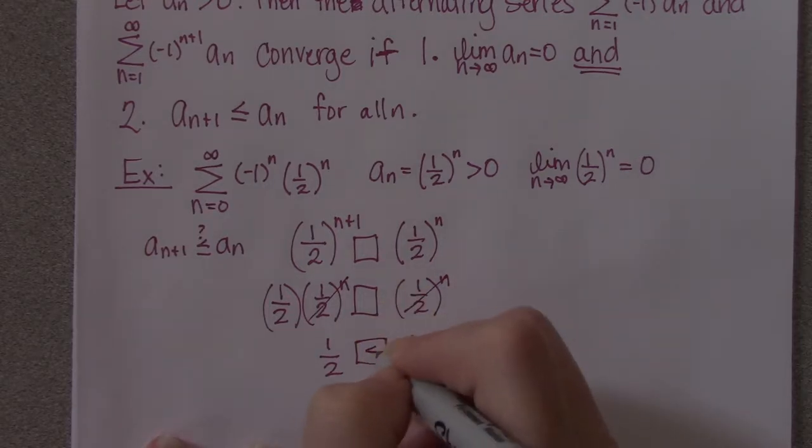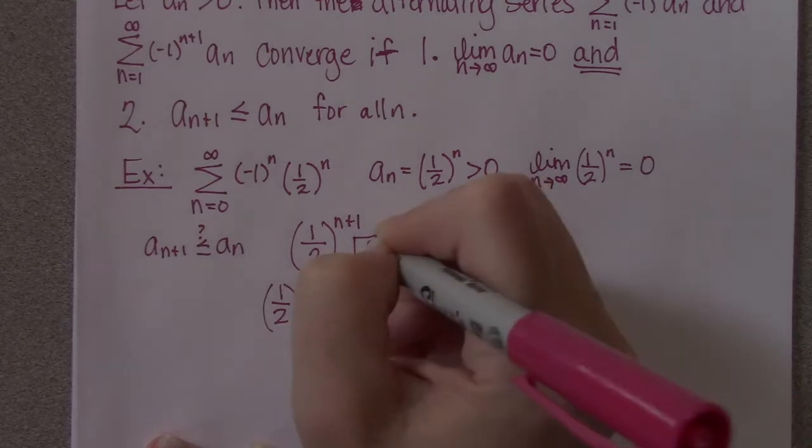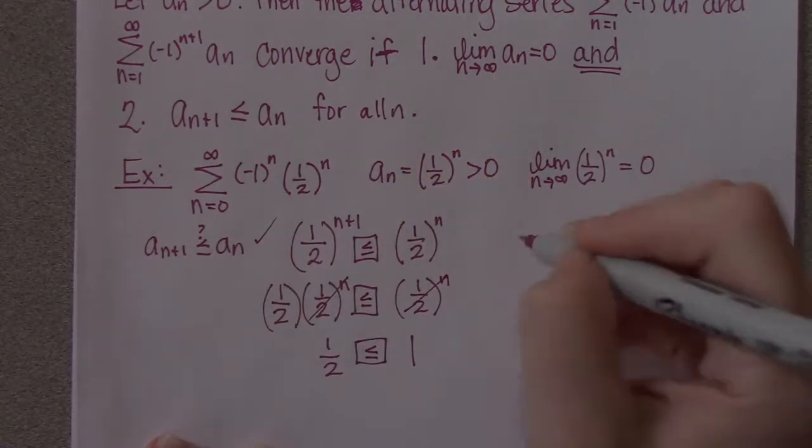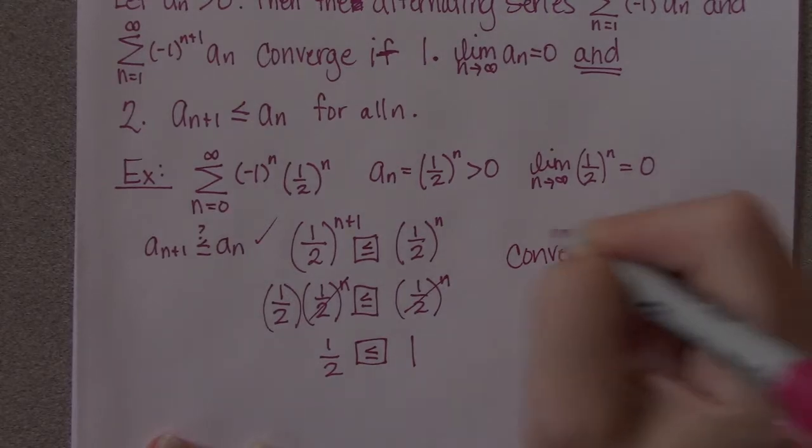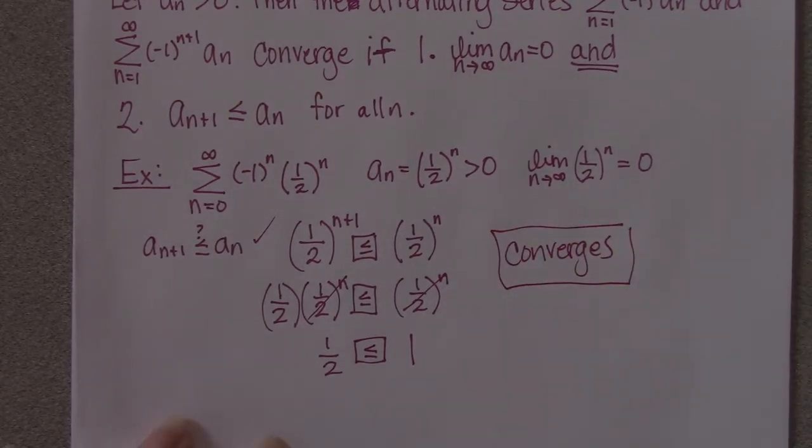So this is in fact less than or equal. So condition 3 checks out. So this thing converges. Obviously, if we actually had this series on an exam, my hope is the most efficient way would be to recognize this is geometric and just say it converges that way. That's a really simple way of doing it.